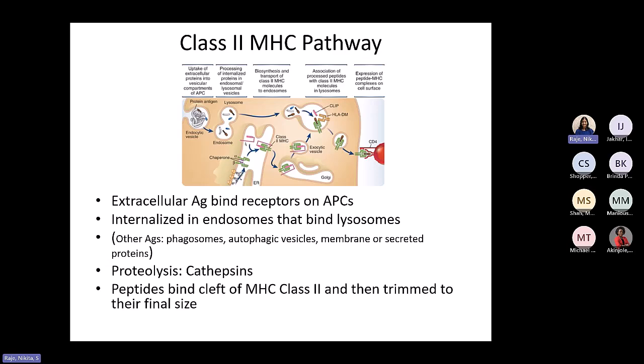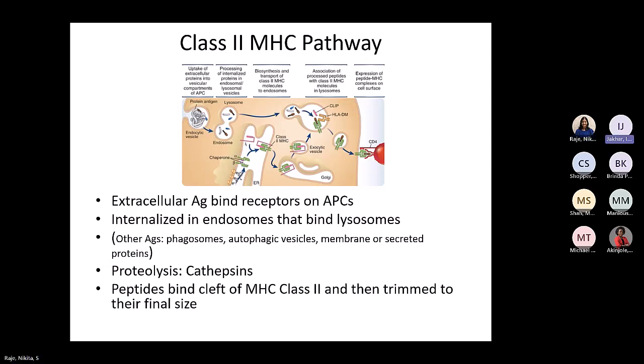So it has to synthesize the alpha chain and the beta chain of class 2 MHC. Those two chains have to come together using chaperone proteins to make that whole class 2 MHC. So it's actually synthesized in the endoplasmic reticulum, on the ribosomes, where protein synthesis usually occurs.